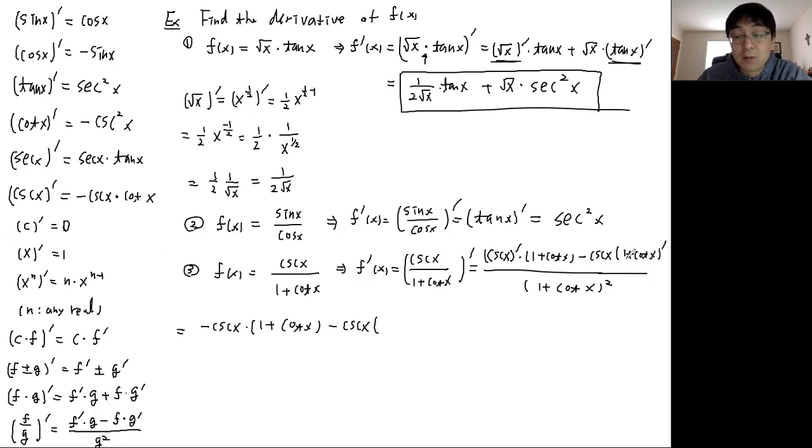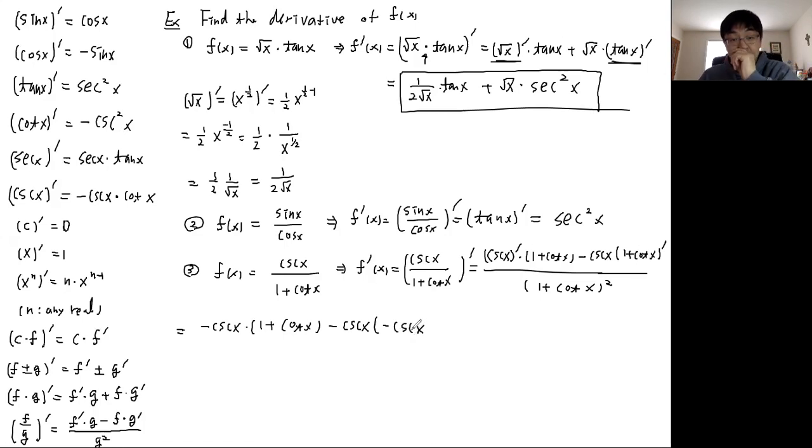What's 1 prime? 1 prime is a constant prime, and the constant 1 prime is always 0. You don't need it. The cotangent of x prime is negative cosecant squared. So we have negative cosecant x, right?